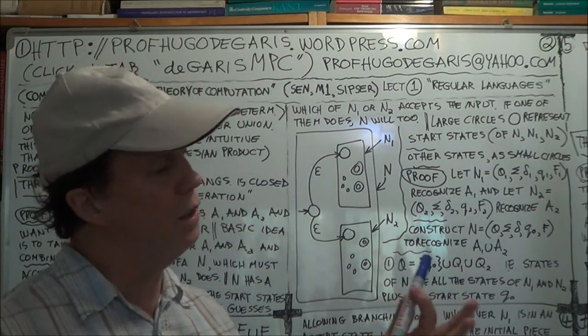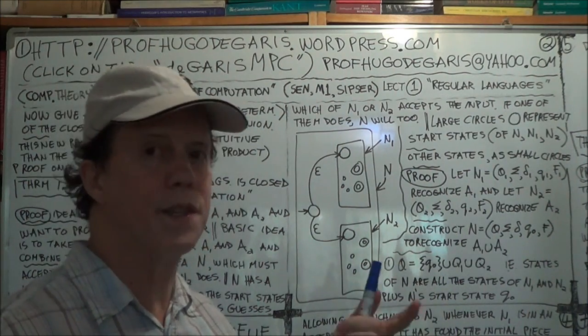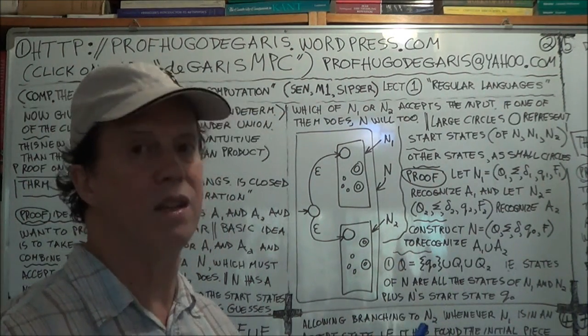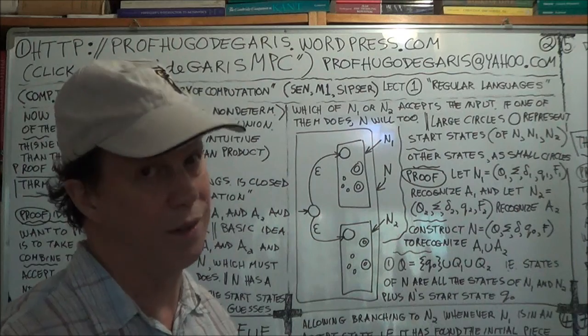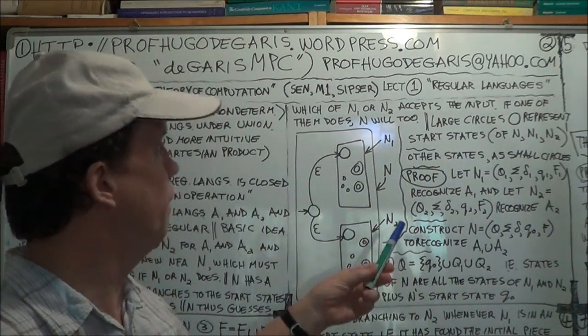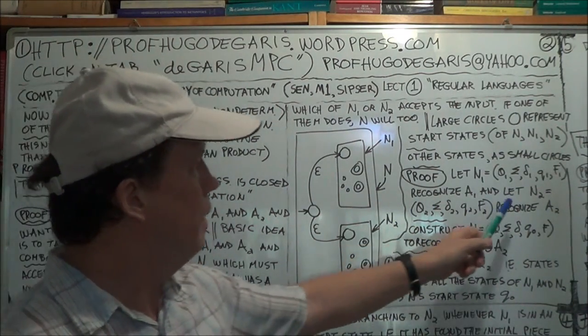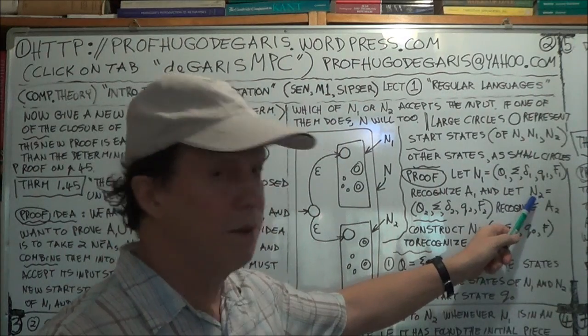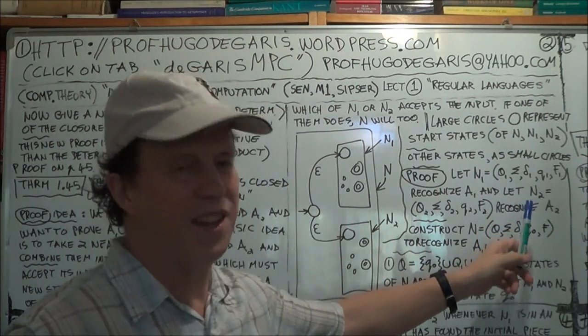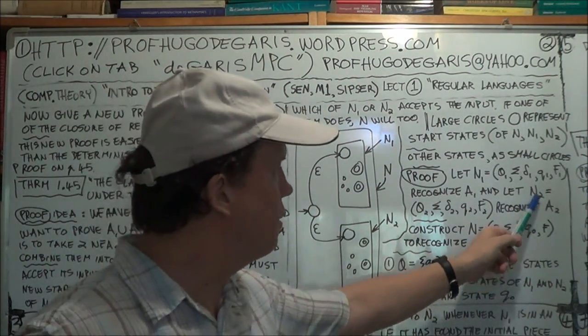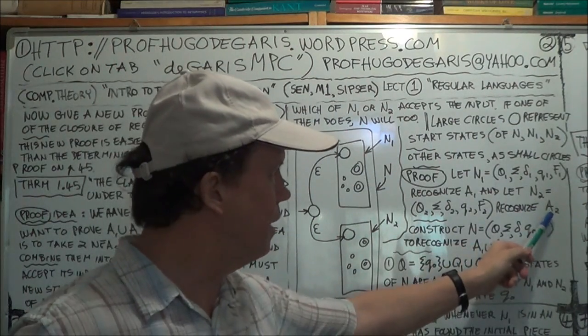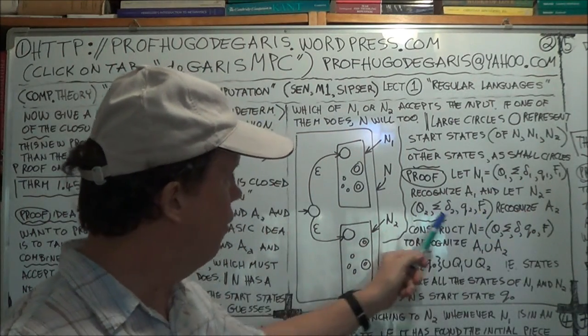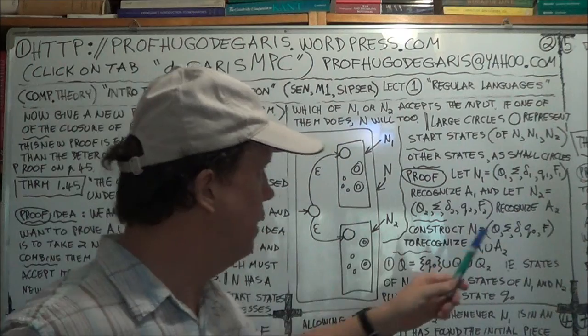Finite automaton, that's 6 syllables, and if you just say machine, 2 syllables, it's sort of easier, especially in conversation, right? Okay, and then we have another NFA, N2, and it recognizes A2. Here's the formal specification of this machine.